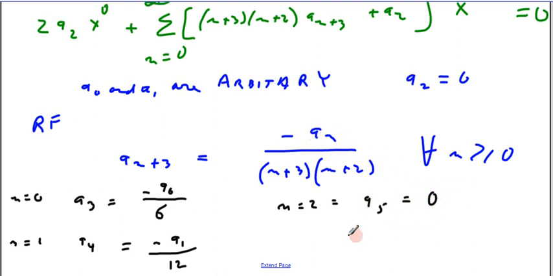a5 is equal to something times a2, which is going to be 0. So a5 is 0. I look at a6, n is equal to 3.